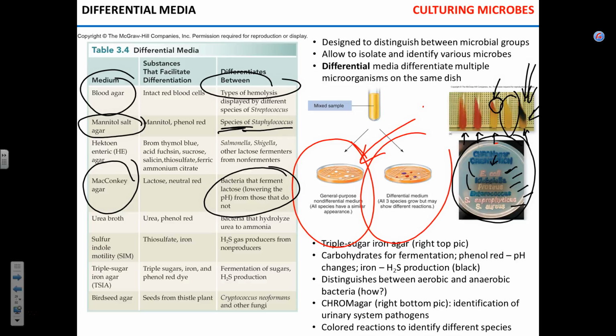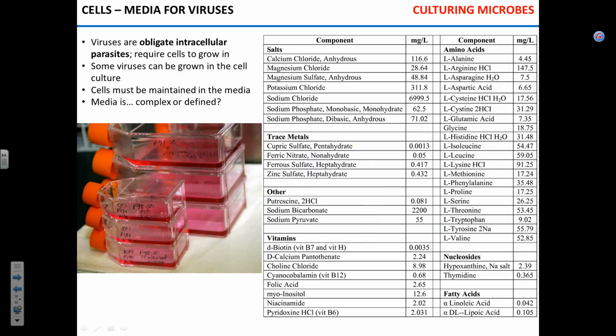Okay? Well, we talked about triple sugar iron, right? Before we get to the break and then we chat about viral, then we'll do the lab and so forth. One thing that I want to mention about differential and selective.